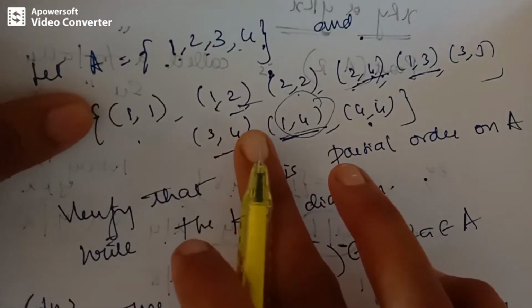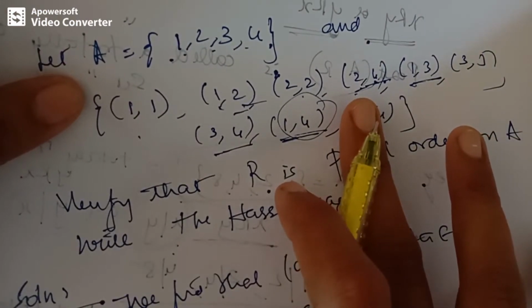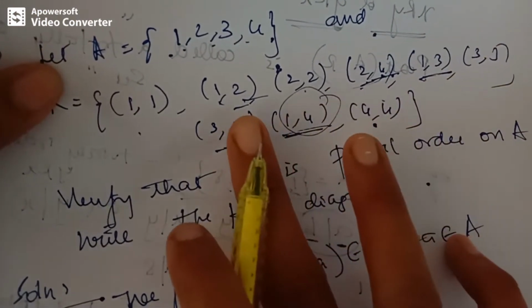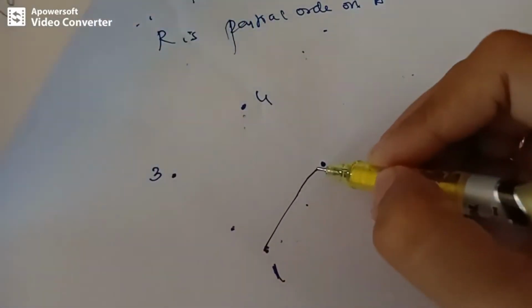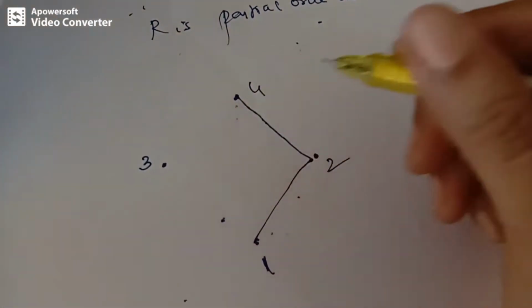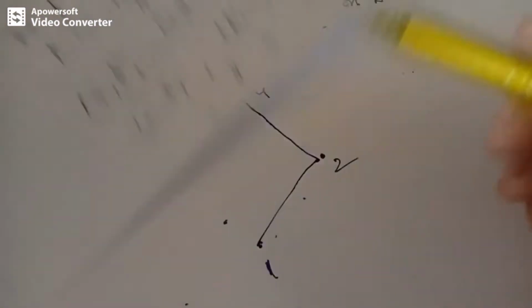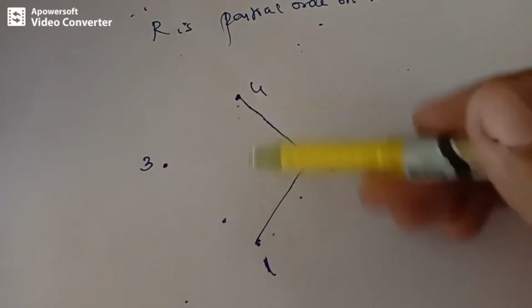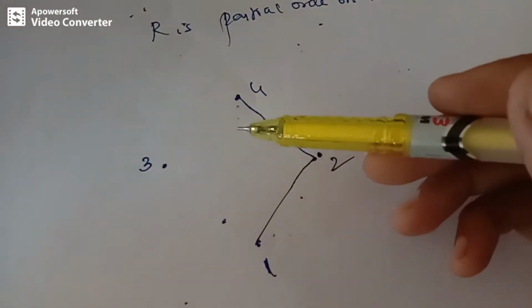So 1, 2 is there in the relation and 2, 4 is there in the relation. So I directly write 1, 2, I join the edge, and then 2, 4, I join the edge. Okay, then I need not represent 1, 4. It is implicit. I do not have to write this as an edge in the Hasse diagram. It is implicit as per the conventions.